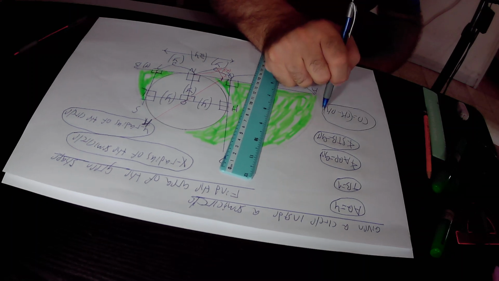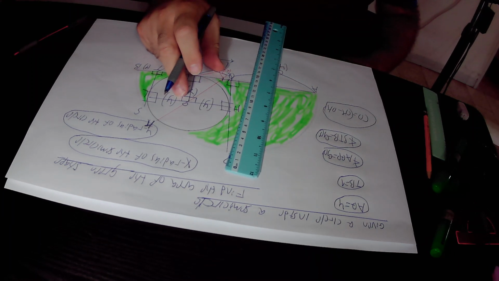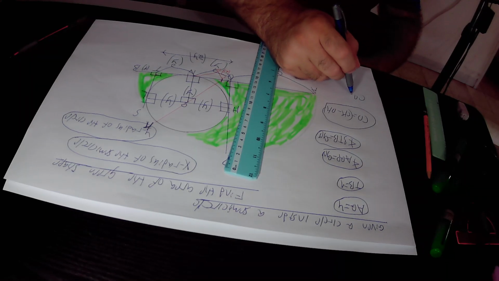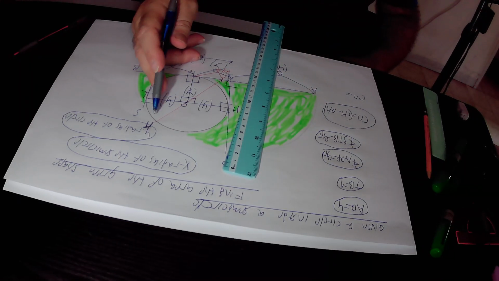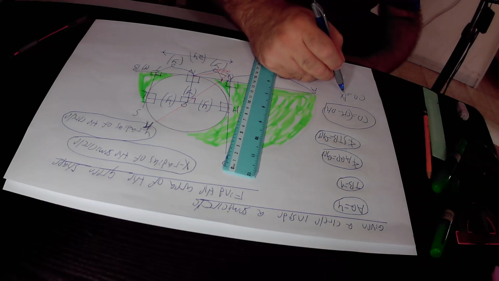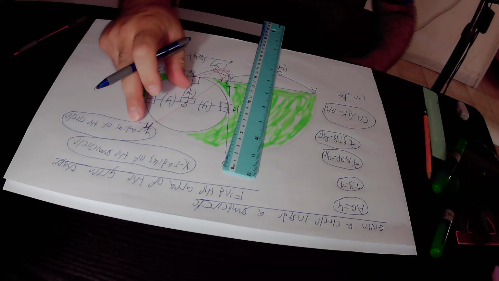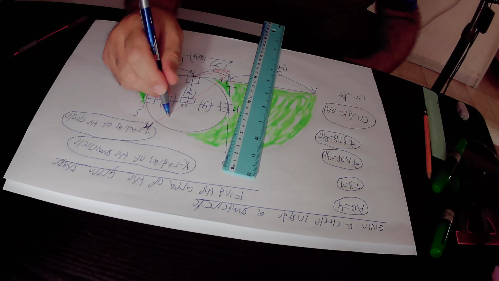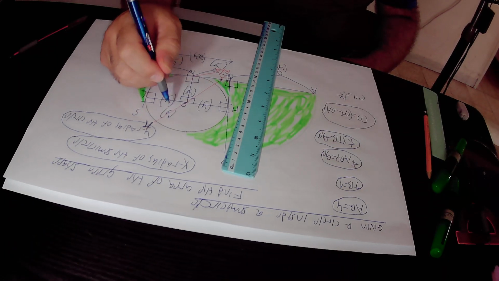So CO equals CK. CK is the radius of the semicircle, that is x, minus OK. OK is the radius of this small circle, that equals 1 unit in its length.